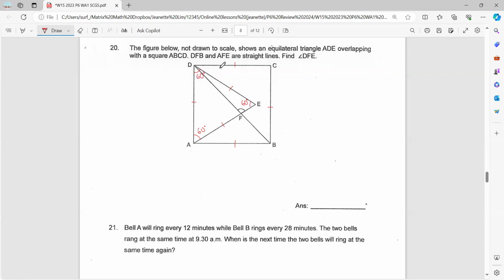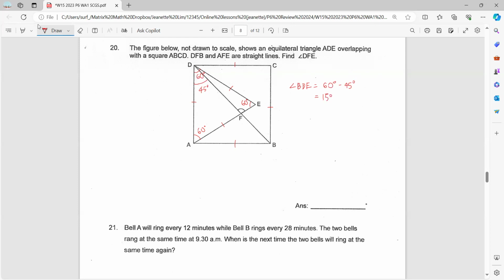So this is a square and there's a diagonal cutting through it. For a square with a diagonal cutting through it, it will cut the right angle into half. So this is 45. So angle BDE is how much? It will be 60 minus 45, which is 15 degrees.